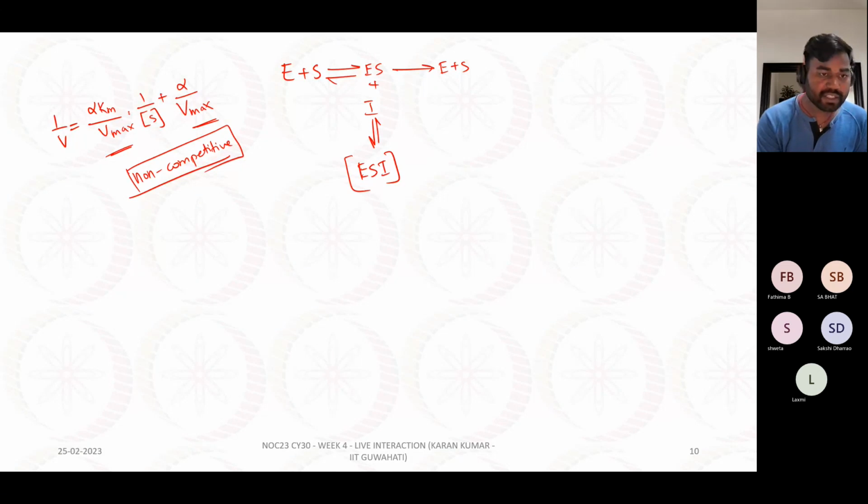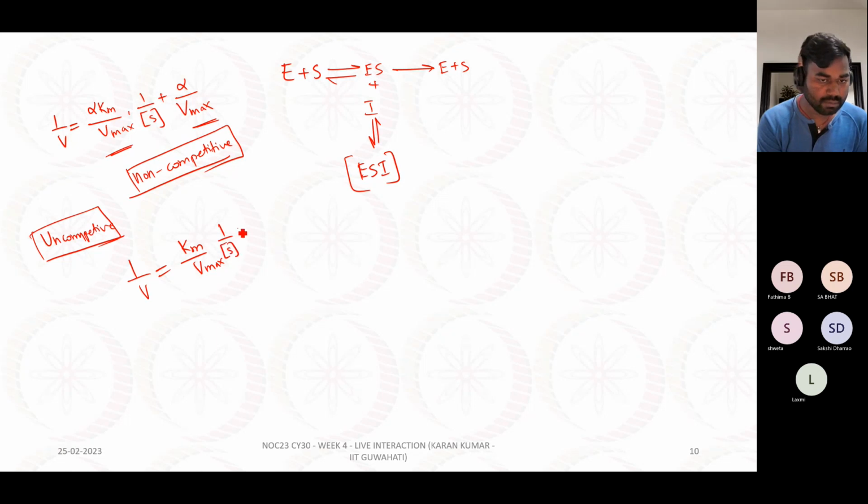However, in case of uncompetitive, it can bind on both sides. So your Lineweaver-Burk plot will become 1 by V is equal to Km by Vmax into 1 by S plus alpha dash by Vmax.